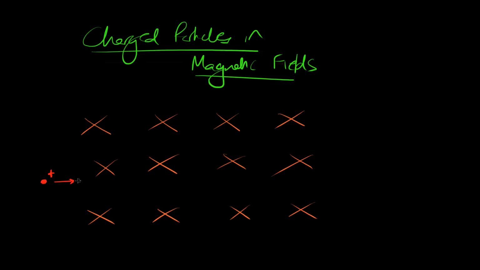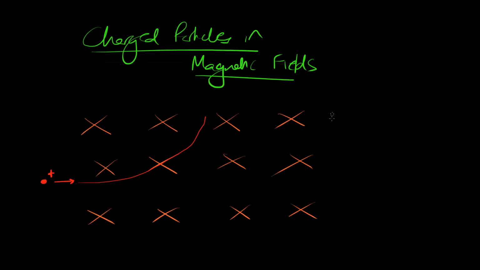It'll pass through the field and it'll cut it, and it will be deflected in such a way that it resembles the arc of a circle. It will be deflected 90 degrees, basically.